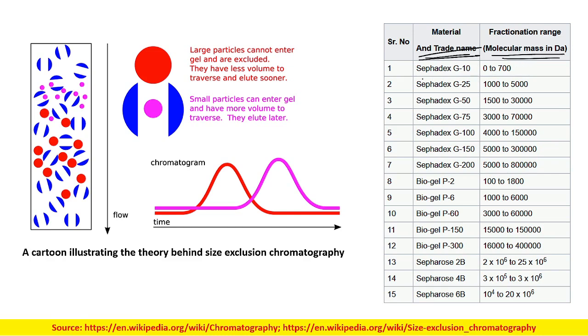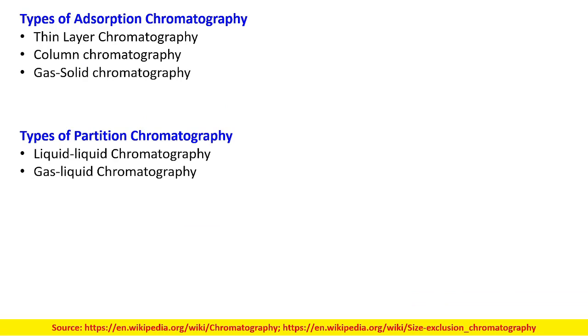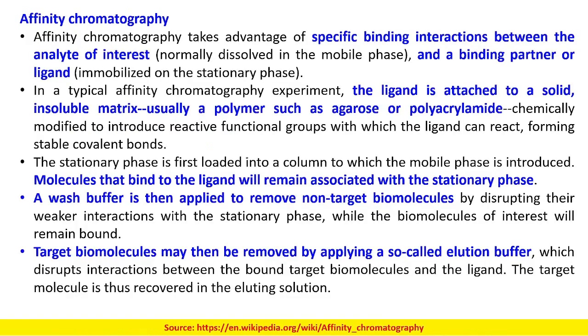So which grade is used for which type of molecular mass. Then types of adsorption chromatography can be categorized into thin layer chromatography, column chromatography, and gas solid chromatography. Then we can also have different types of partition chromatography. It may be liquid chromatography and gas liquid chromatography.